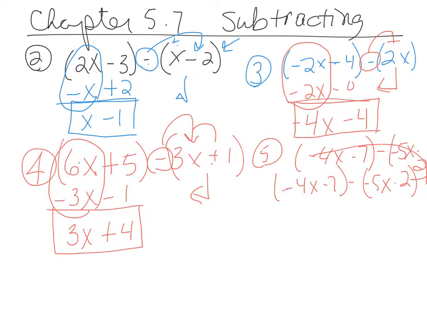So we have this set of terms, and then we have the opposite of these terms, the signs, and so that would make this a positive. So we're going to march this down, and it is 5x, and it's positive because it was a negative. It's the opposite of a negative. And this one here is also a positive because the opposite of a negative would be a positive 2. So it's the opposite of both of the signs in that group.